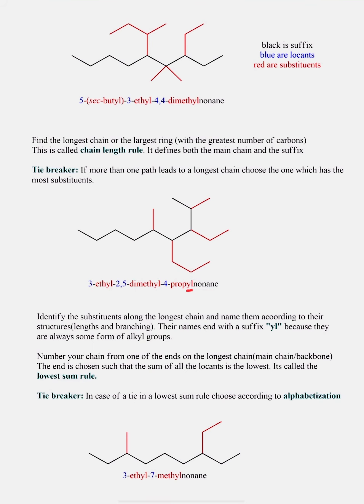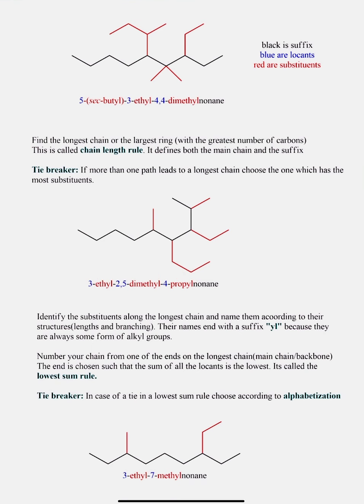You see all the substituents end with "-yl" because generally they are all alkyl groups. Next, after identifying the main chain, which gives you the suffix, and identifying the substituents, you need to arrange all of them together.